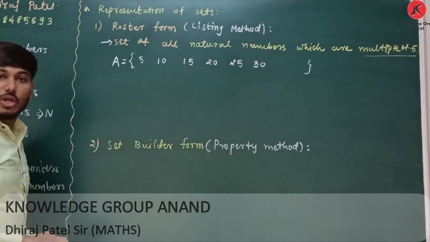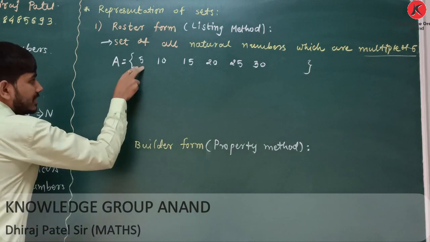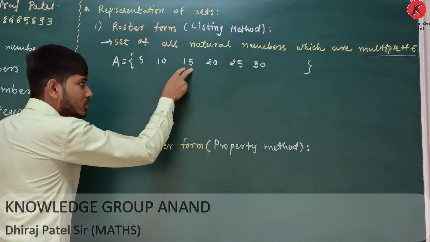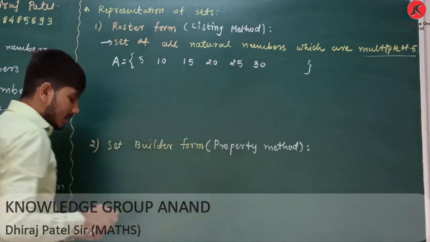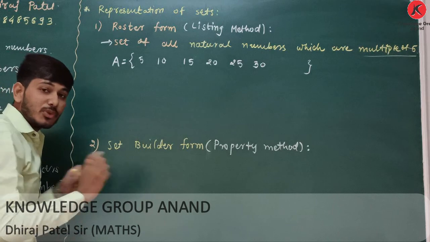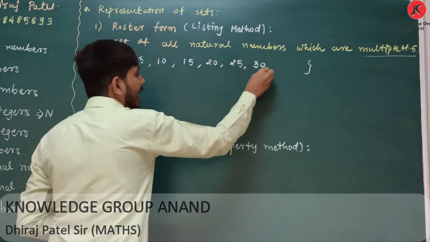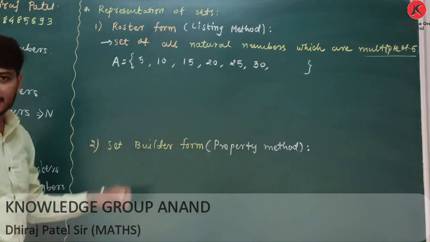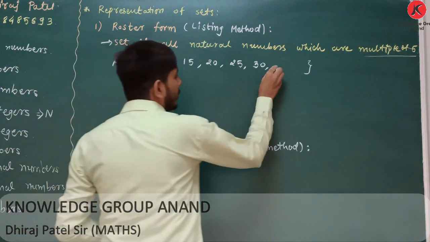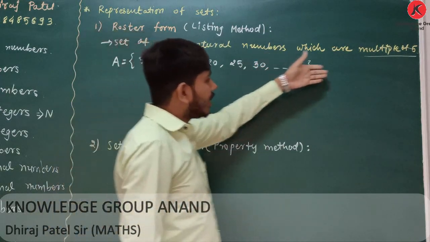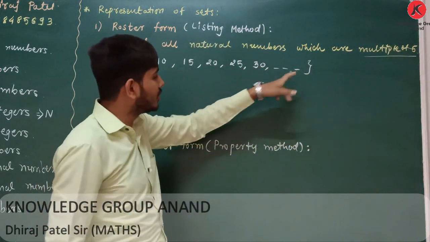This is a different element. This is also a different element. This is also. Therefore, by differentiating the elements, we are using the comma sign between two elements. And we know that this is continuous.